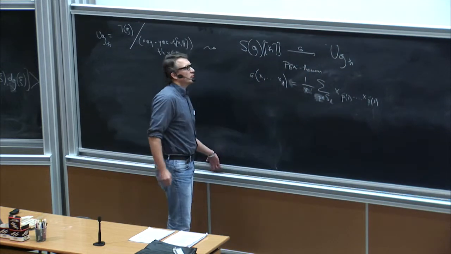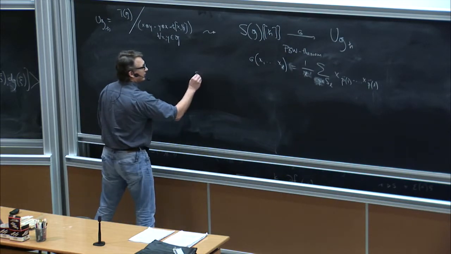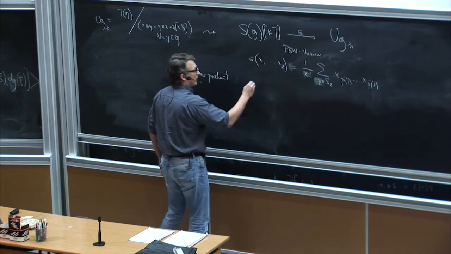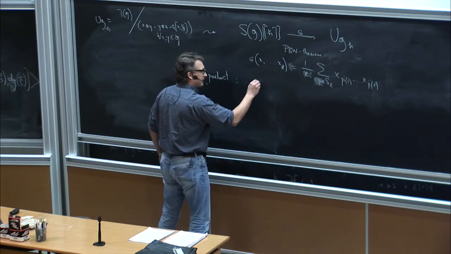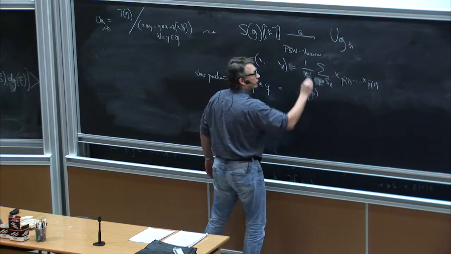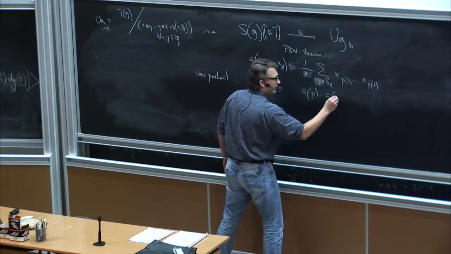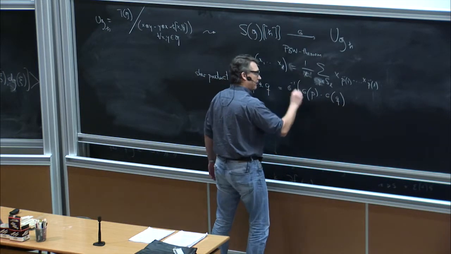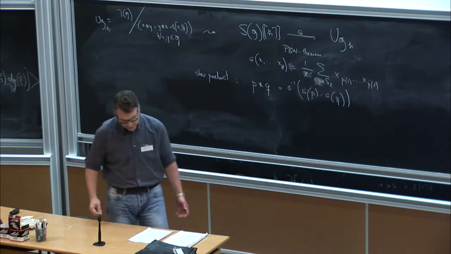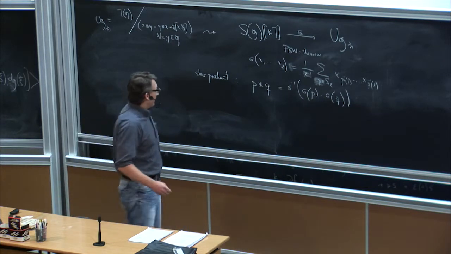So this gives you then deformation quantization in the sense that you have a star product. Let's say P star Q is just, you push them over to U of G_h, you multiply them there, and you go back. So this is not really explicit, or it can be computed, but at first it's not explicit.